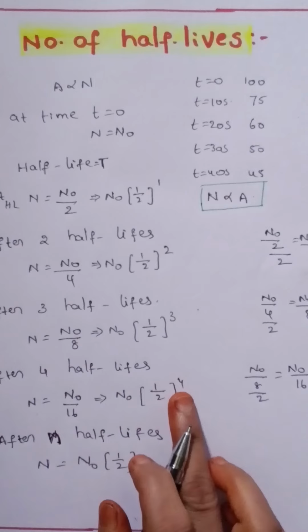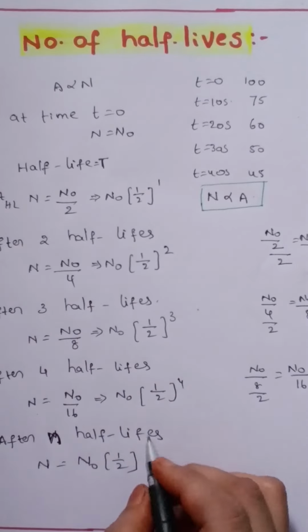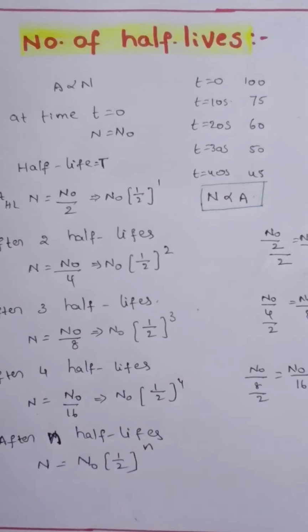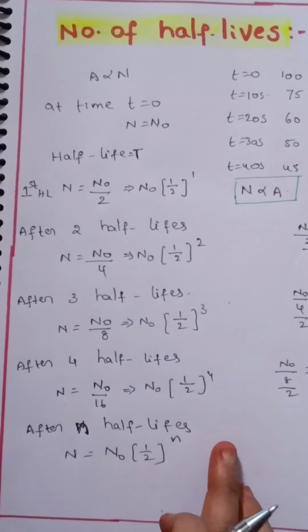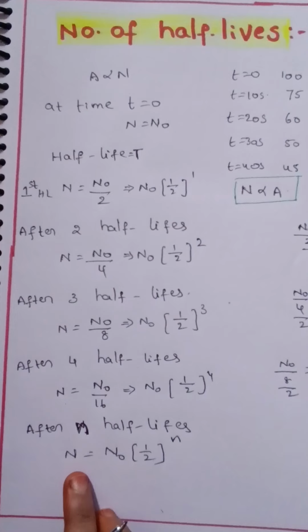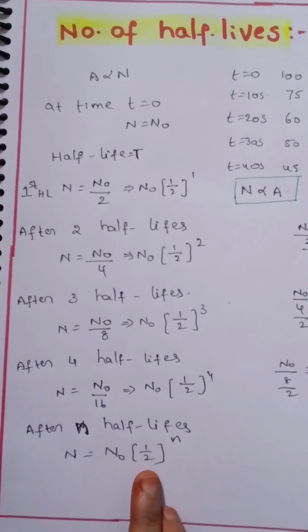After 4 half-lives, power 4. After n half-lives, power n. So after n half-lives, the number of atoms present in the radioactive substance is N is equal to N naught into 1 by 2 whole power n.